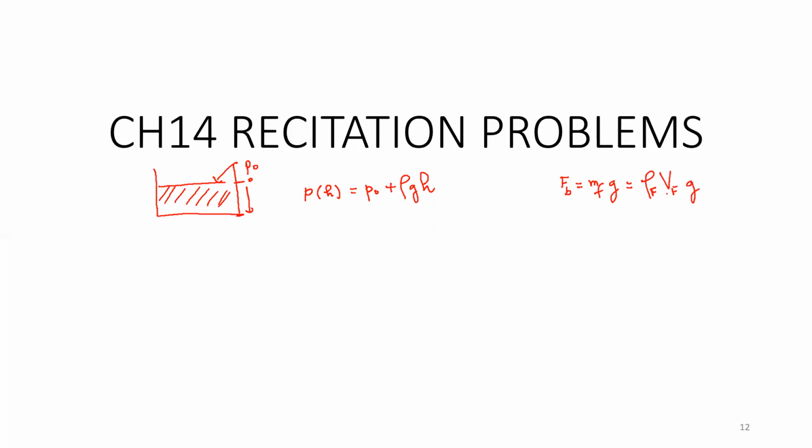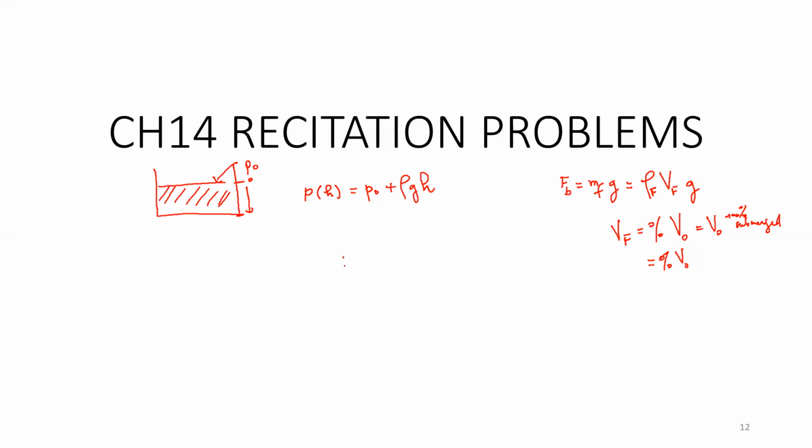The volume of fluid displaced, Vf, is a percentage of the volume of the object. So basically it's equal to the volume of the object if the object is totally submerged, 100% submerged, of course. Otherwise, it will be just the percentage of the volume of the object which is submerged. Good.